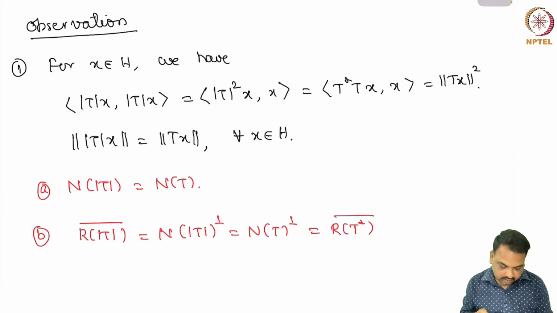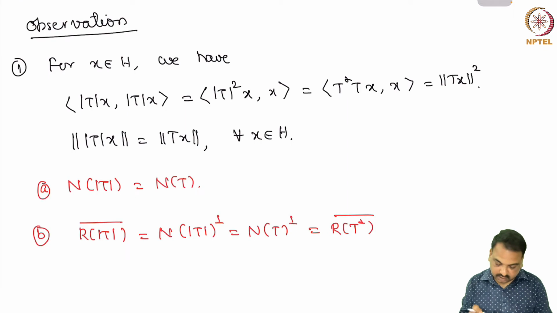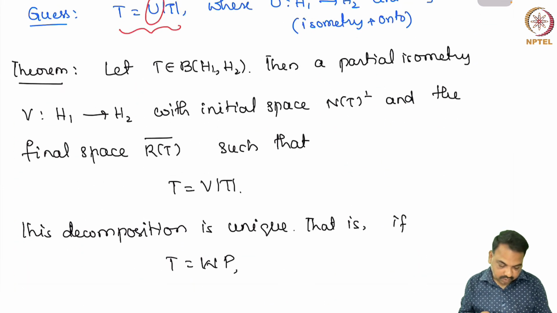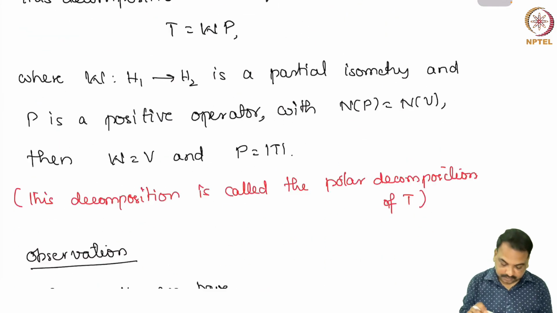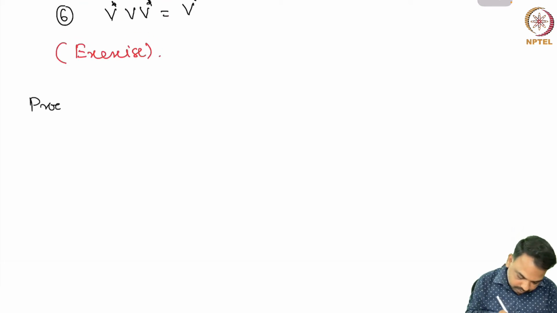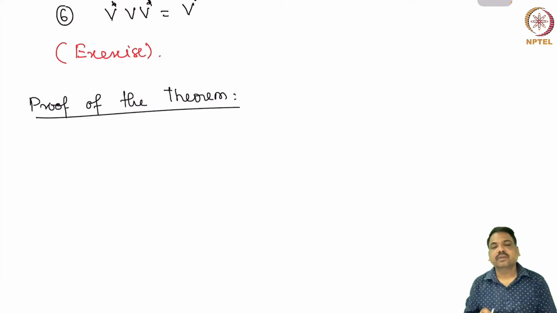Okay, so with these two pieces of information about the modulus of the operator and partial isometries, we can actually prove the polar decomposition theorem. So first we have to get a partial isometry V from H1 into H2, so that T equals V|T|. We want to define a partial isometry.